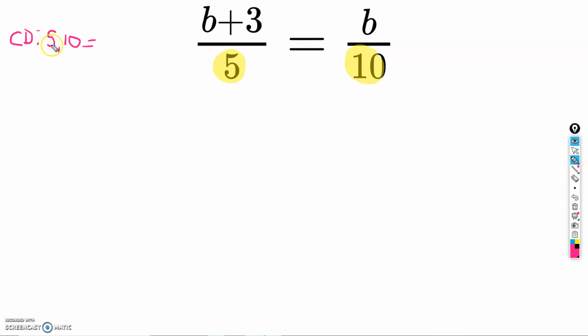What is it? Okay, well, multiples of 5 are 5, 10, 15, 20. Multiples of 10 are 10, 20, 30, 40. Notice both these lists have a 10, so the common denominator here is going to be a 10. Whenever you have two denominators and one actually divides the other, take the bigger one. So 10. Alright, multiply both of these by 10.